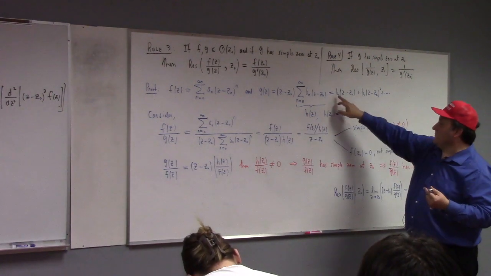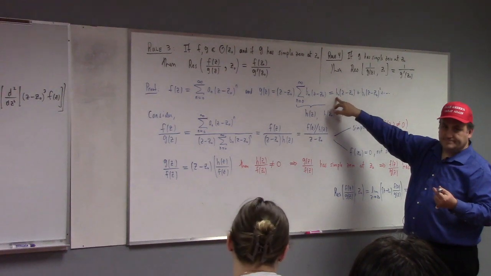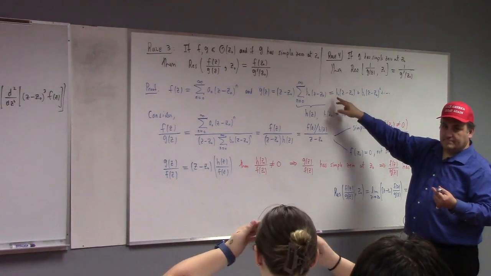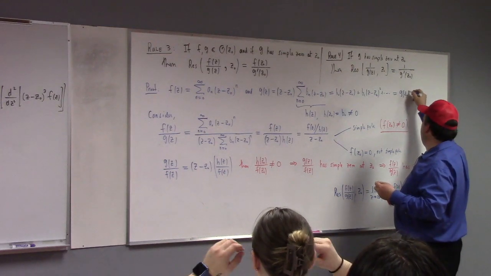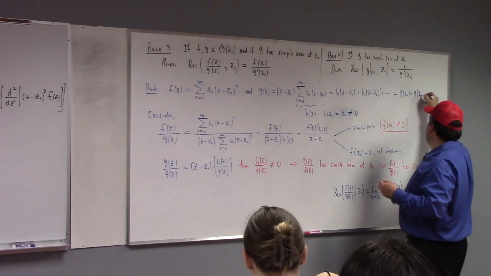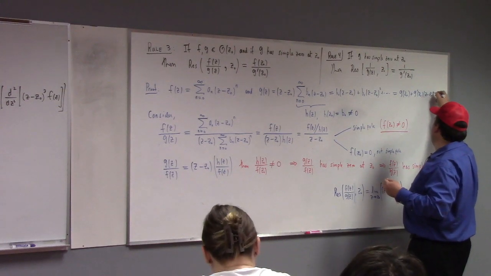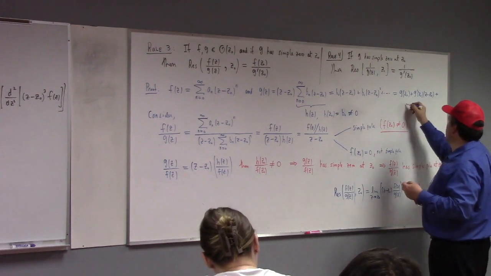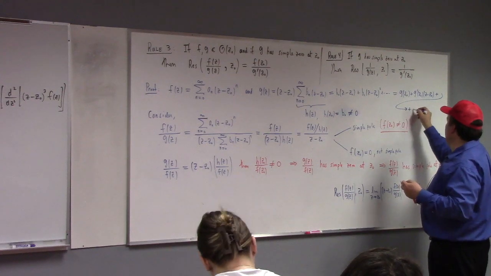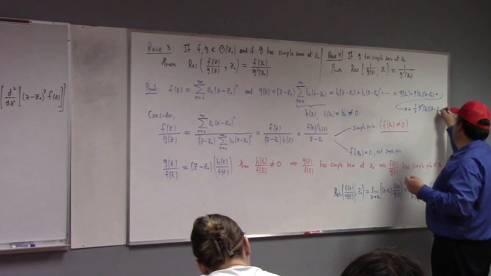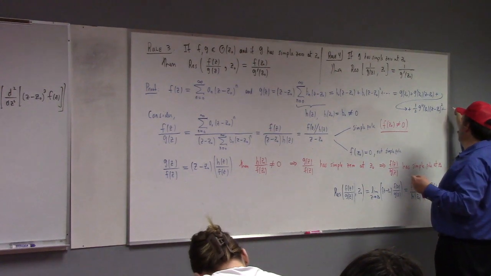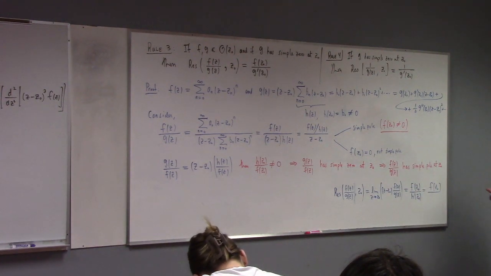What's the significance of b sub 0 then? This is equal to g of z naught plus g prime of z naught times z minus z naught, plus 1/2 g double prime of z naught times z minus z naught squared, and so forth and so on, right? This is Taylor's theorem at z naught.